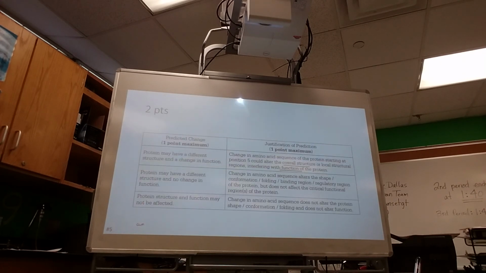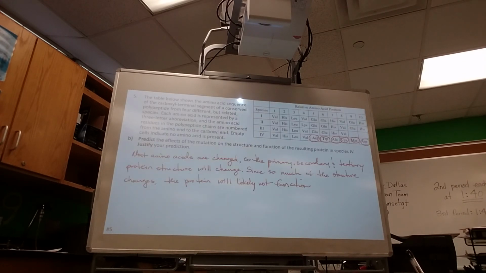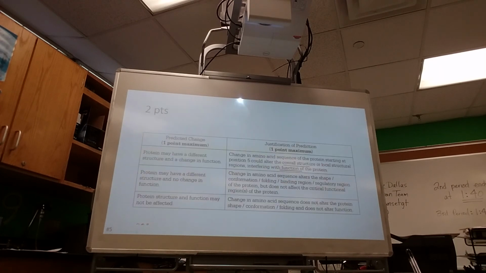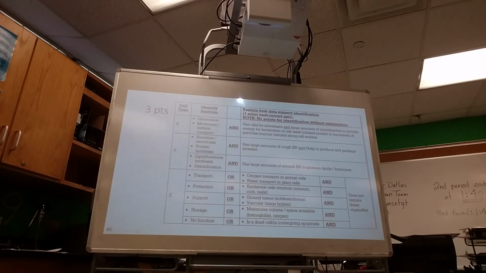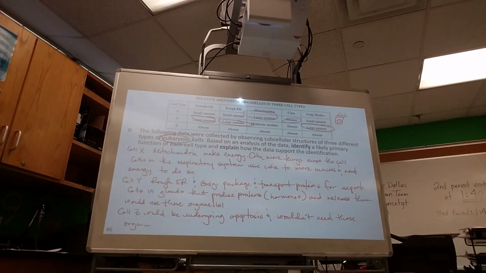A lot of people put that cell Z was a rock or bacteria. Why would a cell be a rock? Because it's dead. Rocks were never alive.